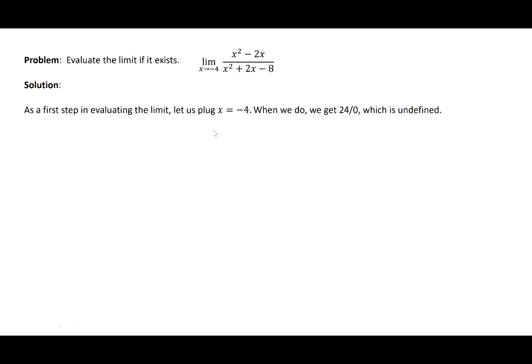Plug in -4 as a first step. -4 squared is positive 16, minus 2 times -4 is 16 plus 8, which is 24, and the denominator is 16 minus 8 minus 8, so the denominator goes to 0. So we have 24 over 0, and that is definitely undefined.